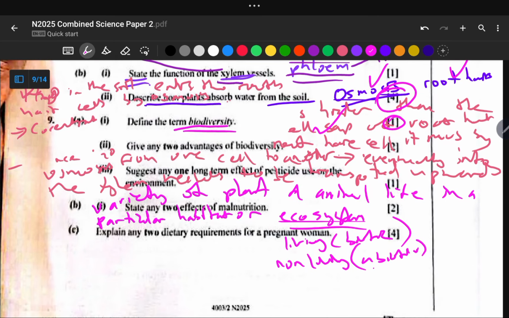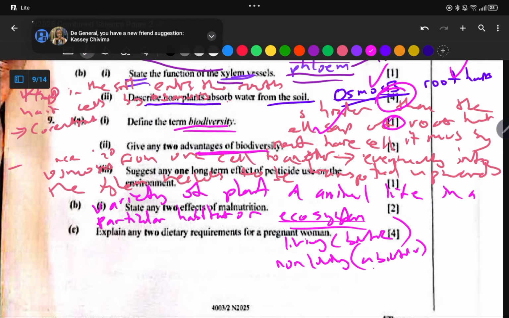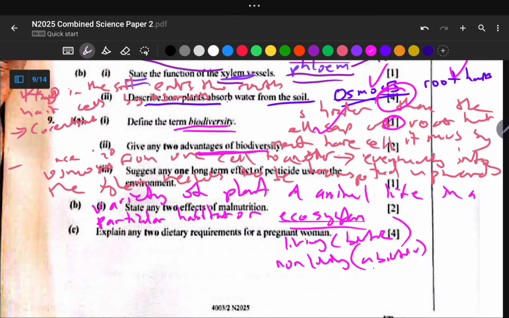And then the next question says, give 2 advantages of biodiversity. Biodiversity provides a greater variety of food sources, and we can also use it in the production of medicines, right? The production of drugs.